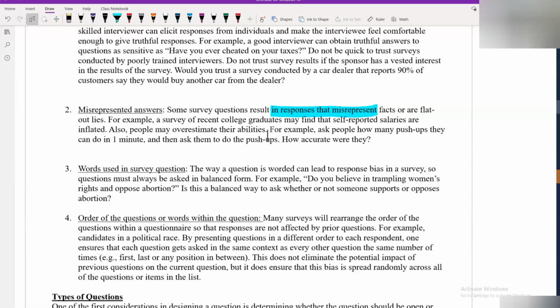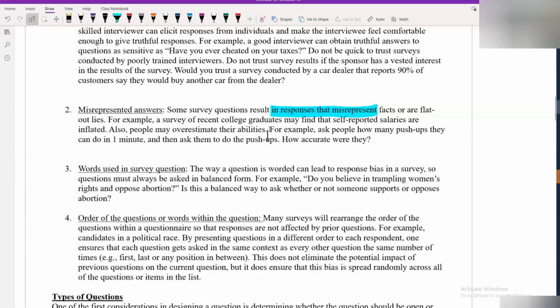Or we may ask faculty members: do you think your teaching style is the best one, or do you have to do something else to improve your teaching style? That faculty member may say, no, I don't need to do anything else to improve my skills, and I feel that I'm the best faculty member in this college, right?